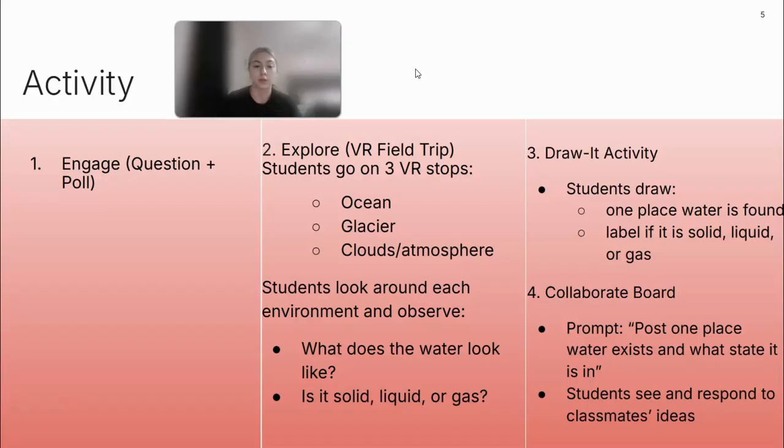Students will look around and observe what the water looks like, and what the matter is. And then 3, the draw activity, students will draw what they saw and where the water was. And then 4, they would be able to collaborate on the board and post what they see, where it's at, and where it's located, and see other students' responses.